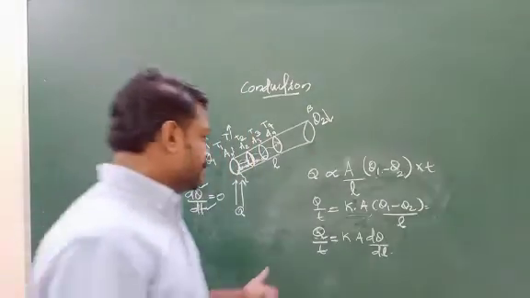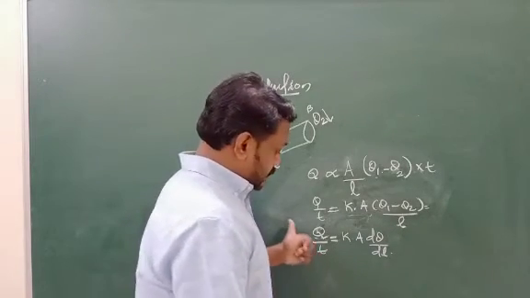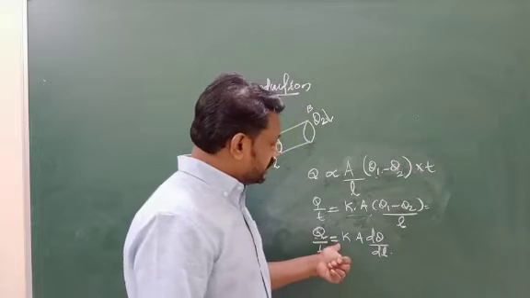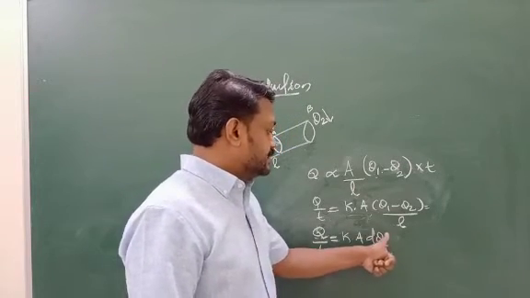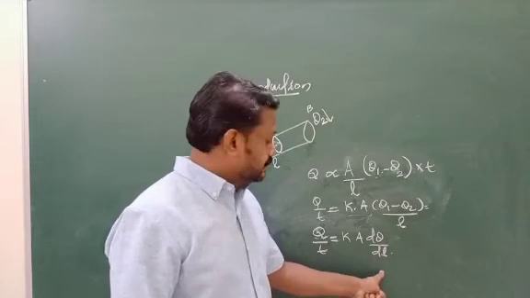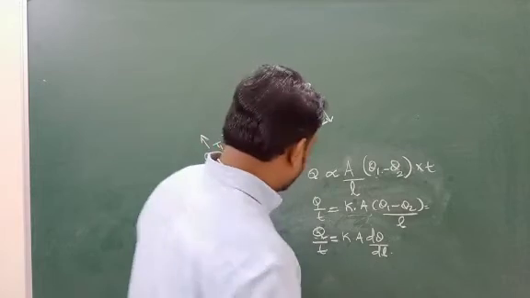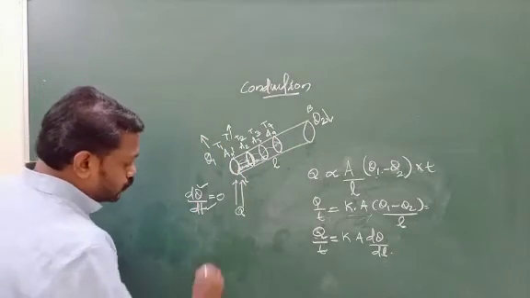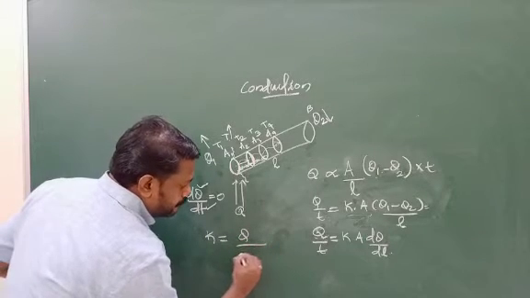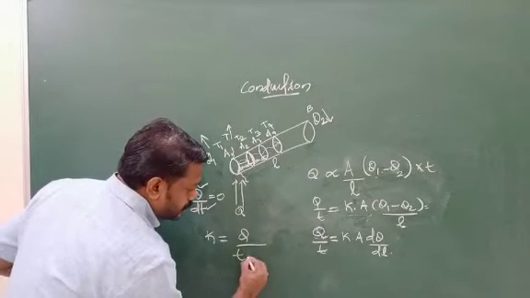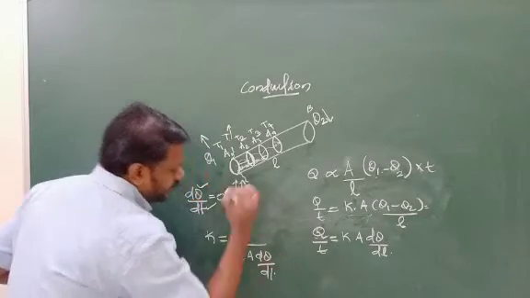So rate of heat flowing is directly proportional to area and temperature gradient. So you can define K. So what is K? K is equal to Q by t into A into d theta by dl.